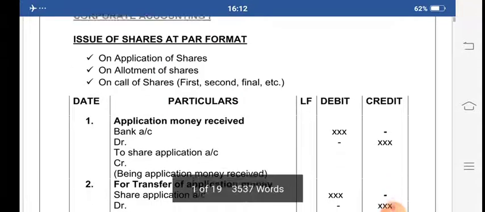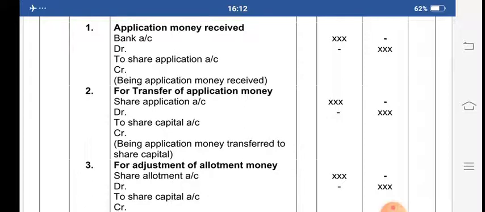Next, entry number 2 is also for the application purpose, for transfer of application money. Share application account debit to share capital account credit.